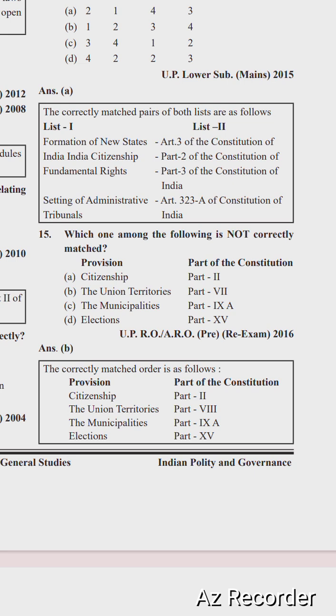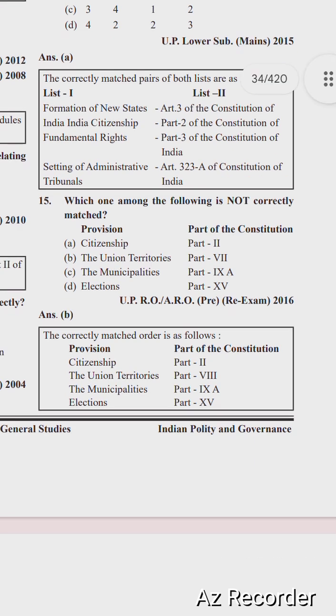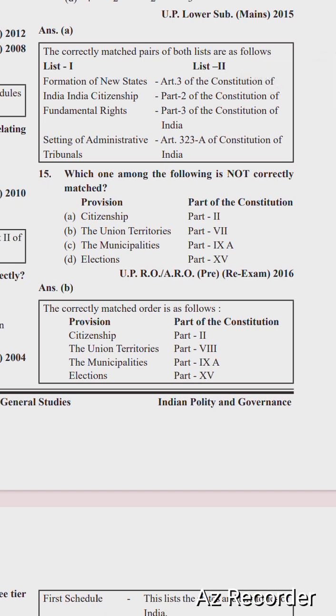So next question is, which one of the following is not correctly matched? Provisions and parts of the Constitution. Citizenship, Part 2 of the Constitution. Union Territory, Part 7 of the Constitution. Municipality, Part 9 of the Constitution. Election, Part 15 of the Constitution.